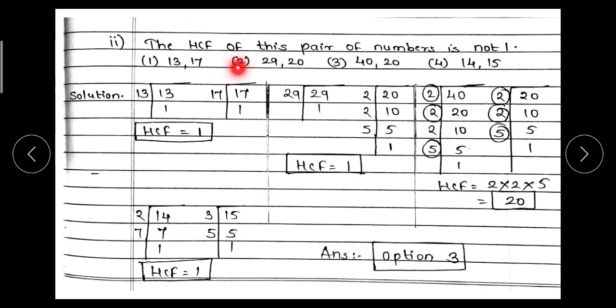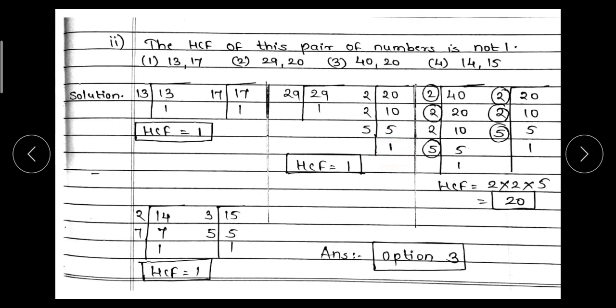Let's take the second pair, 29 and 20. Let's take out the prime factors of this pair. Prime factors of 29 is 29 ones are 29. Prime factors of 20: 2 tens are 20, 2 fives are 10, 5 ones are 5.